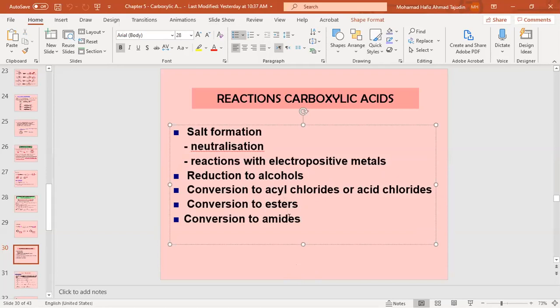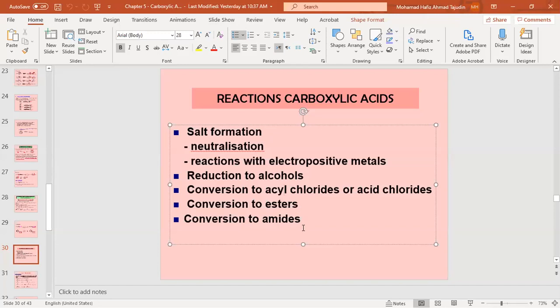All of these 3 reaction is the nucleophilic substitution reaction. Saya ulang. Conversion to acid chloride, conversion to esters, conversion to amide. This all 3 is the nucleophilic substitution. Salt formation, the first reaction pun is also can be considered as having the similar reaction. Tapi ada beza dia sikit.